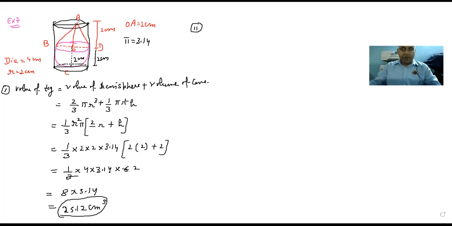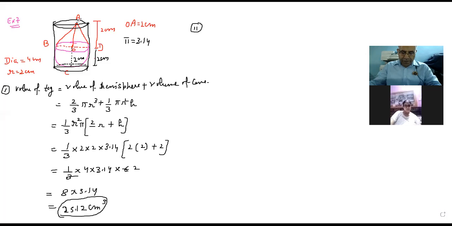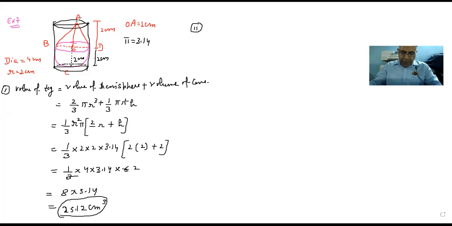Now he's saying the entire toy is in the right circular cylinder. Find the difference of the volume of the cylinder and the toy.